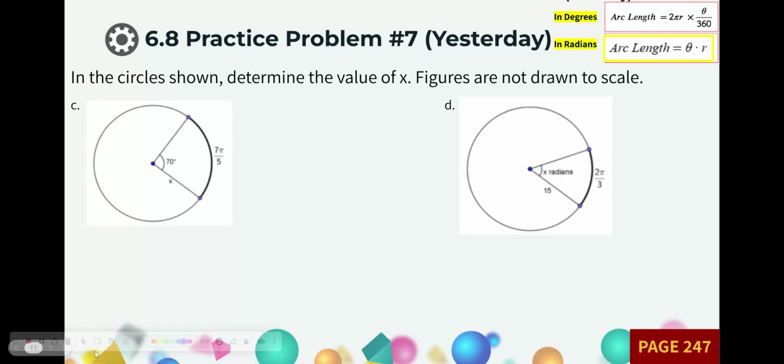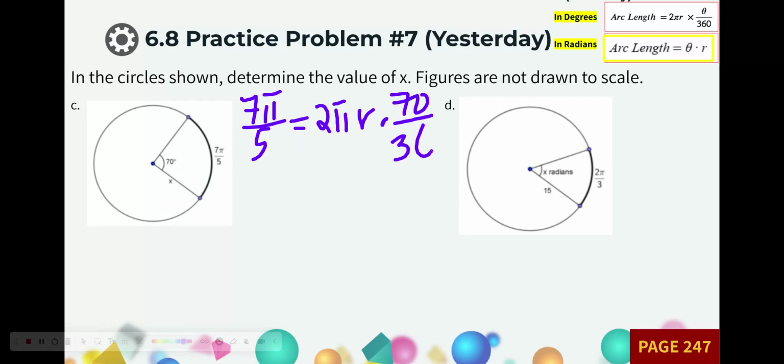I'm going to go slower, but you can always watch this multiple times since this is a video. You start with the arc length 7 pi over 5 equals 2 pi times the radius, which we don't know, multiplied by theta, which is 70 over 360.